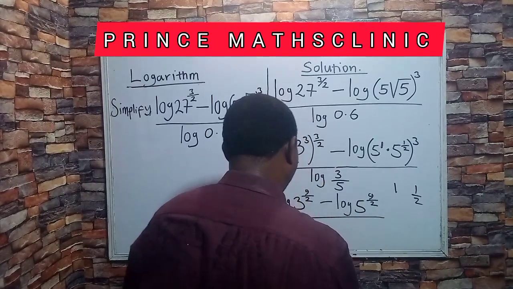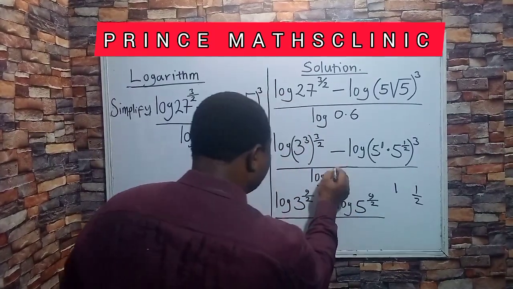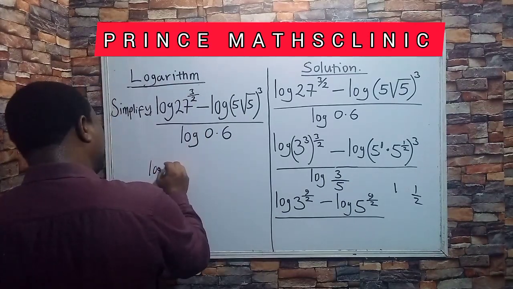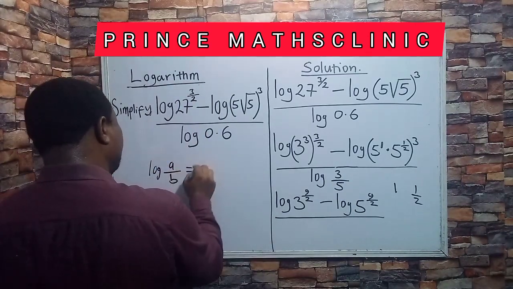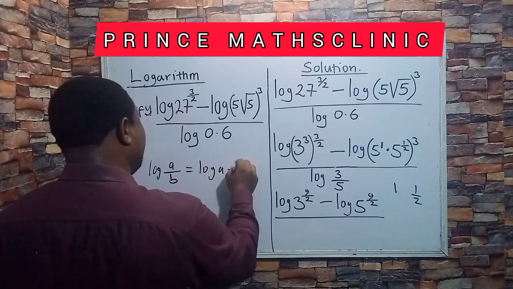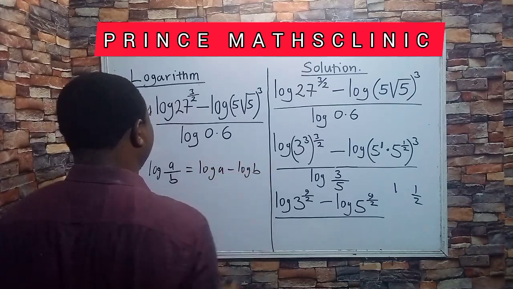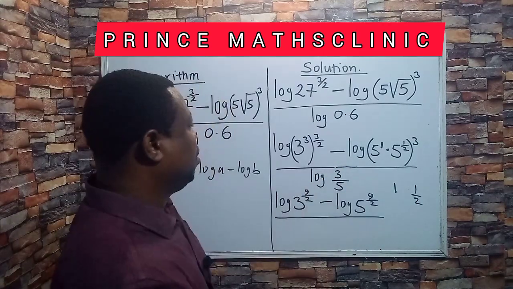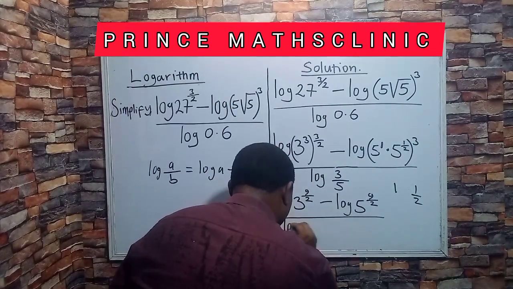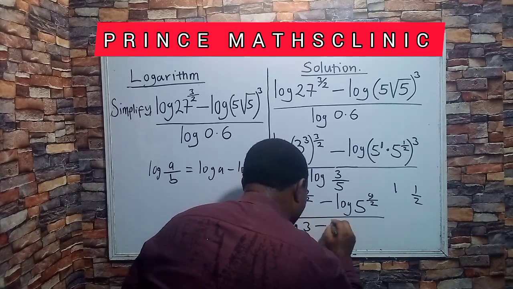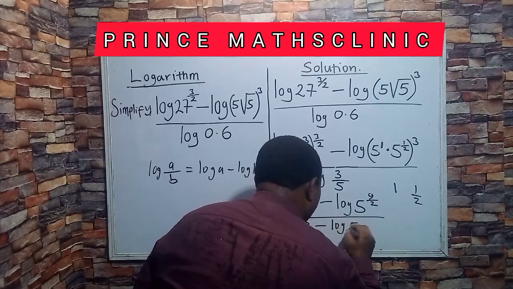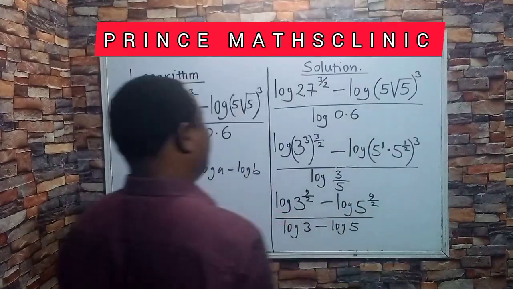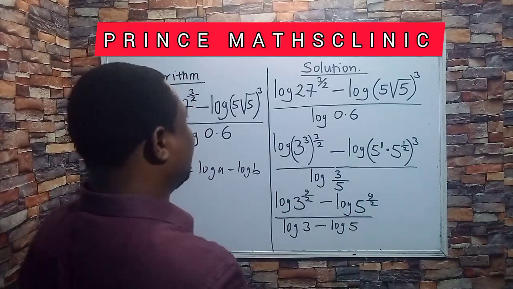Everything over, then this, going from the law that says that when I have log of A over B, it is the same as log A minus log B, right? I am going to use that law here. So the law here becomes log 3 minus log 5. So let's simplify further.